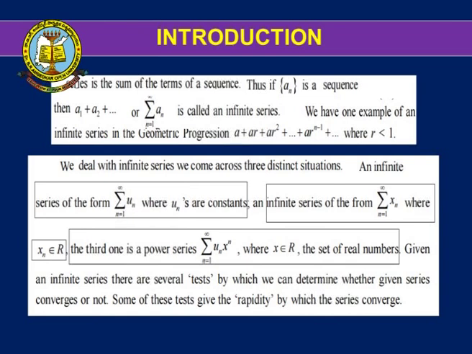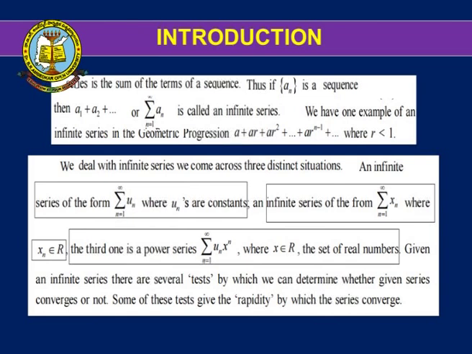Series of the terms can also be written as summation n equal to 1 to infinity un, instead of an, where the un are constants. This is also an infinite series, as is the form summation n equal to 1 to infinity xn. That xn can also be represented in variable form, x1 plus x2 plus so on plus xn and so on, which is also an infinite series form.